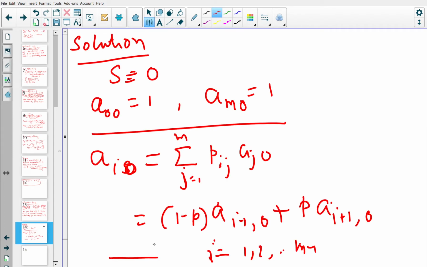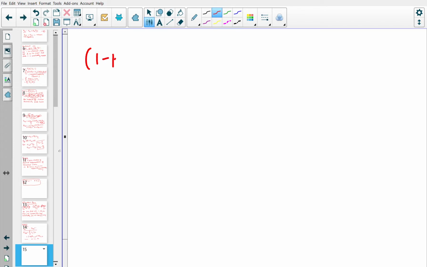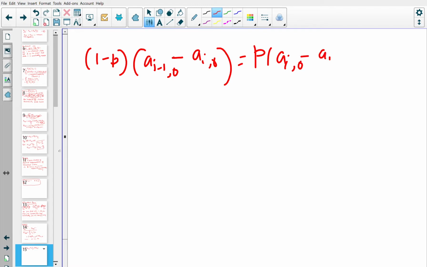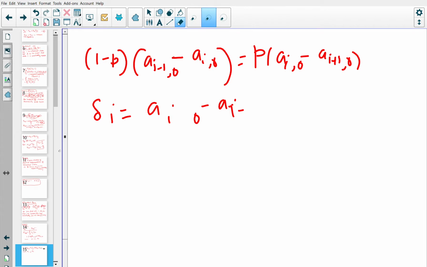You can rewrite it as (1 minus p) times (A_(i-1),0 minus A_i0) equals p times (A_i0 minus A_(i+1),0), right? Now I write delta_i as A_i0 minus A_(i+1),0.